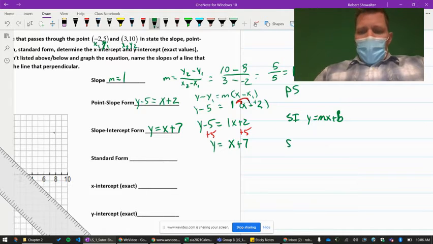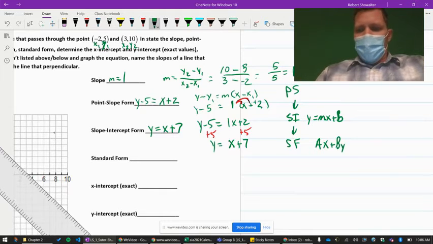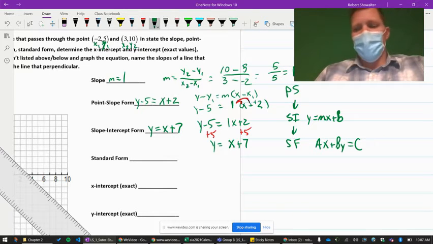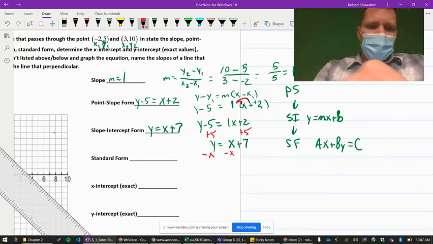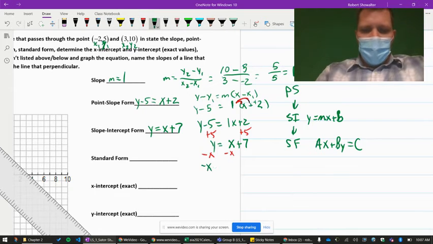After slope intercept form, we want to convert it into standard form, which is ax plus by equals c. Remember the 3 characteristics: x and y on the same side, no fractions or decimals, and the leading coefficient a has to be a positive number. To do that, we get x and y on the same side by subtracting x: negative x plus y equals 7.